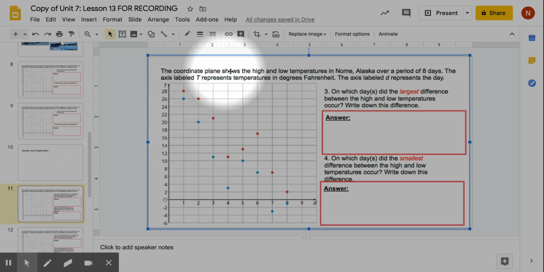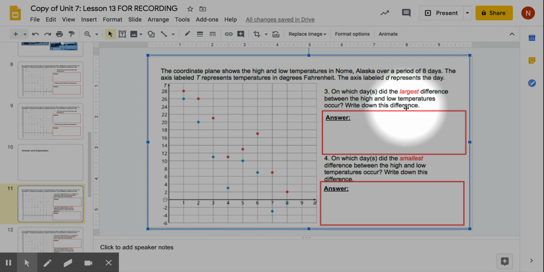So we are using the same story about Nome, Alaska to answer number 3, which says, on which day or days did the largest difference between the high and low temperatures occur? Write down the difference.